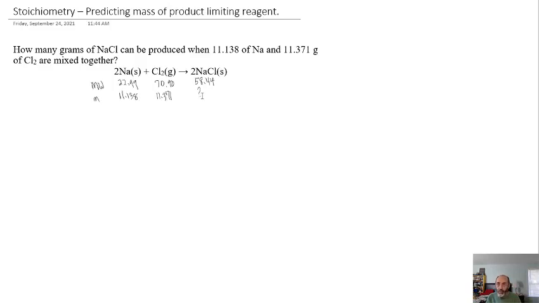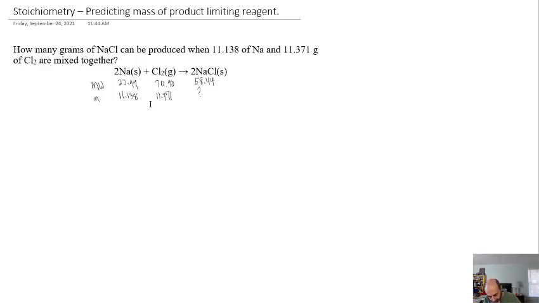Okay, something just happened. There it is. I didn't see the masses in there. So anyway, what do we do? Well, we have to write the equation that we used last time to solve, and we're going to do it for sodium first. So we're going to figure out the mass of sodium chloride that we would produce if we ran out of sodium first.